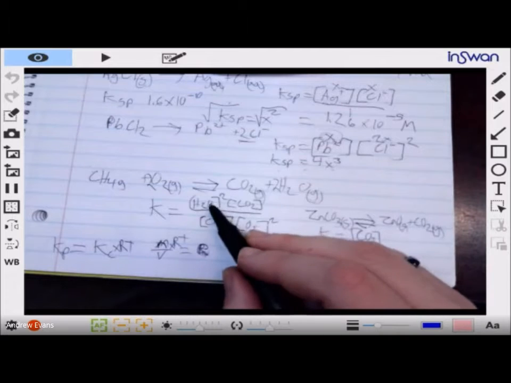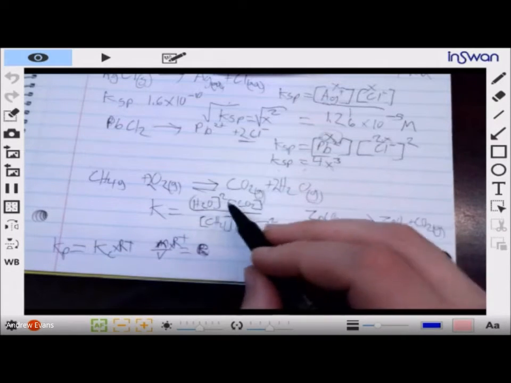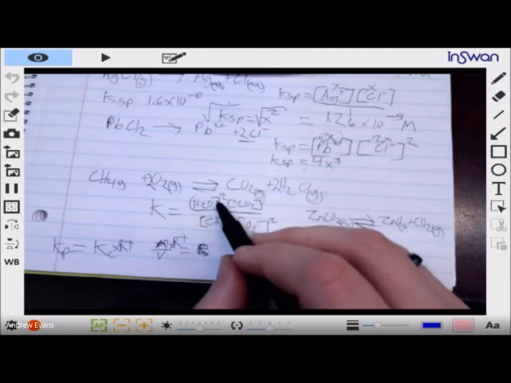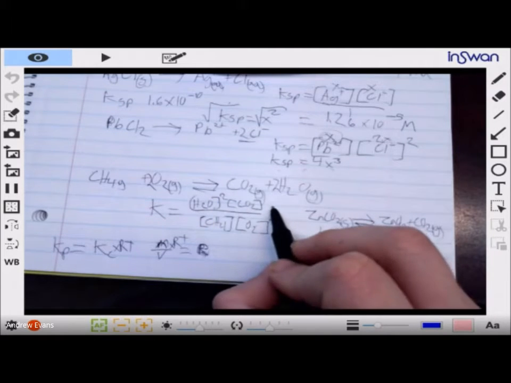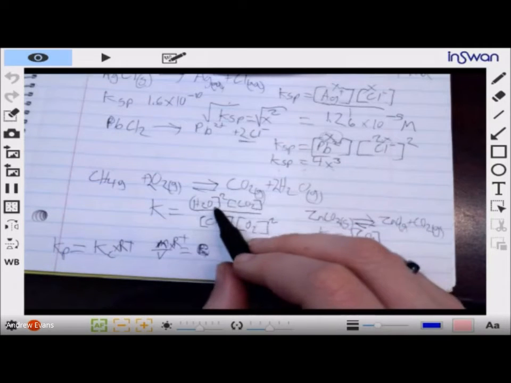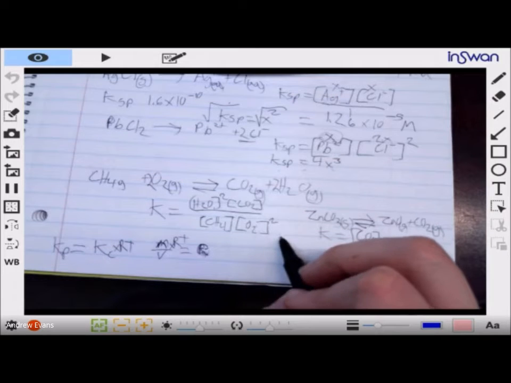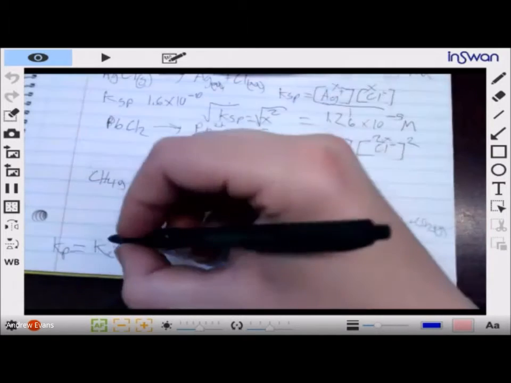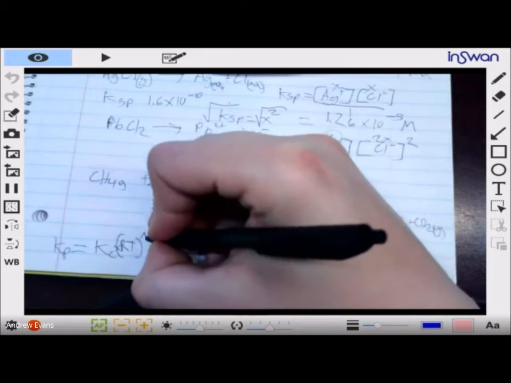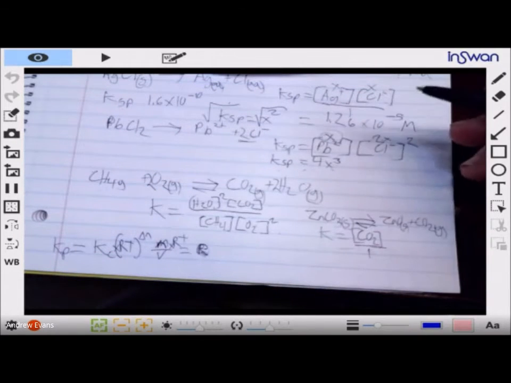Every time you see a concentration, you multiply by RT. So in this equation, you have RT, RT, RT over RT, RT, RT. 3 RTs on top, 3 RTs on bottom, they cancel out.